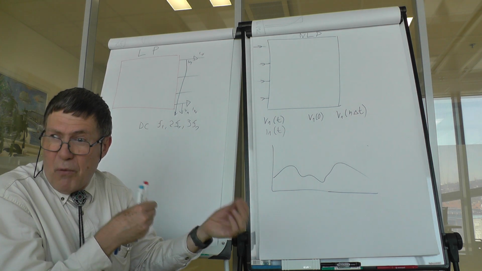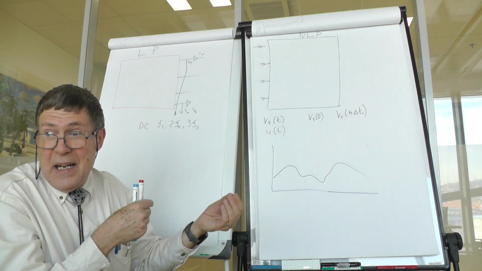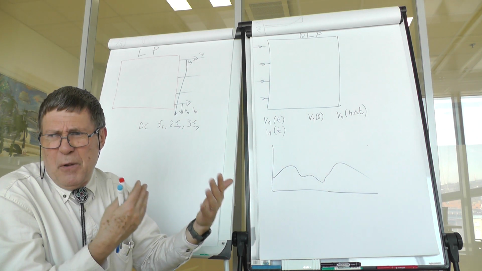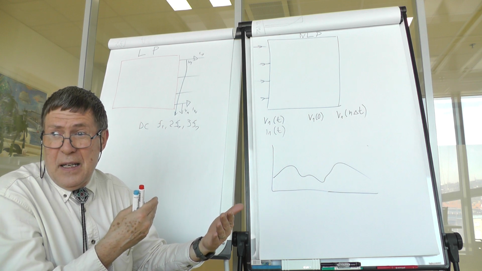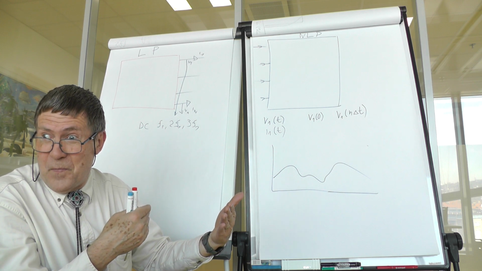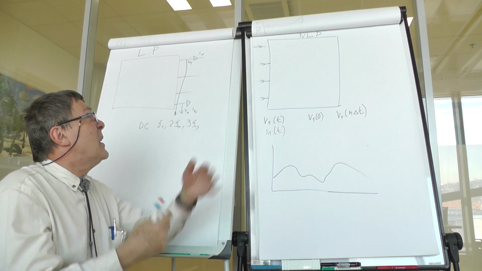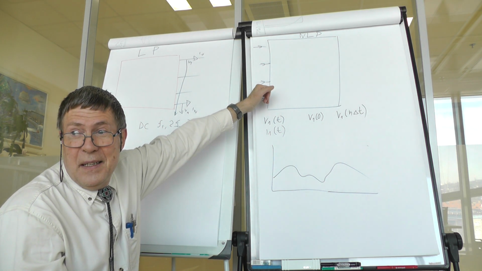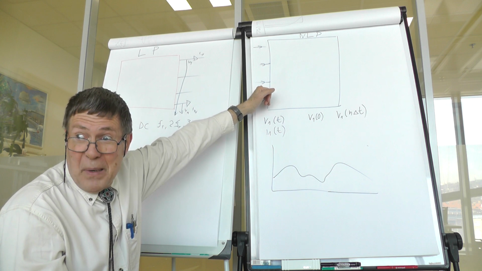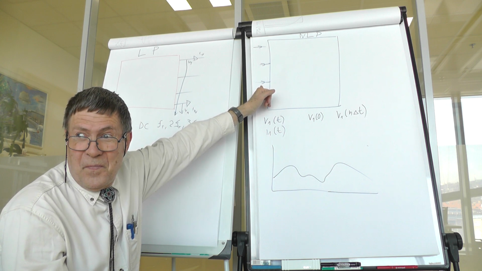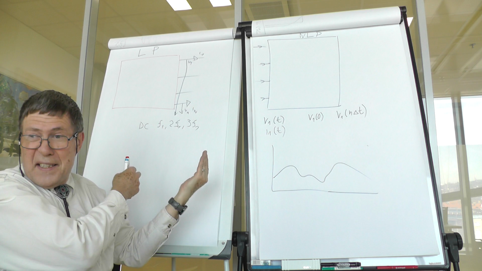Because in order to run the whole thing, I have to somehow decide that I will, for example, use 16 harmonics. That means I will have 32 time domain samples. That would be 16 harmonics.